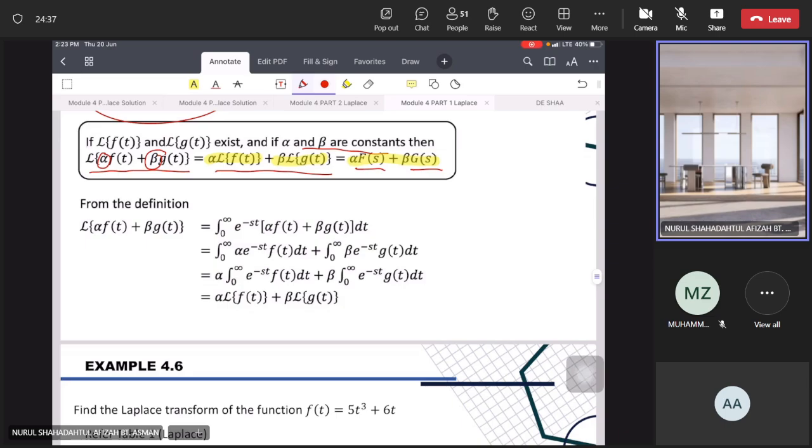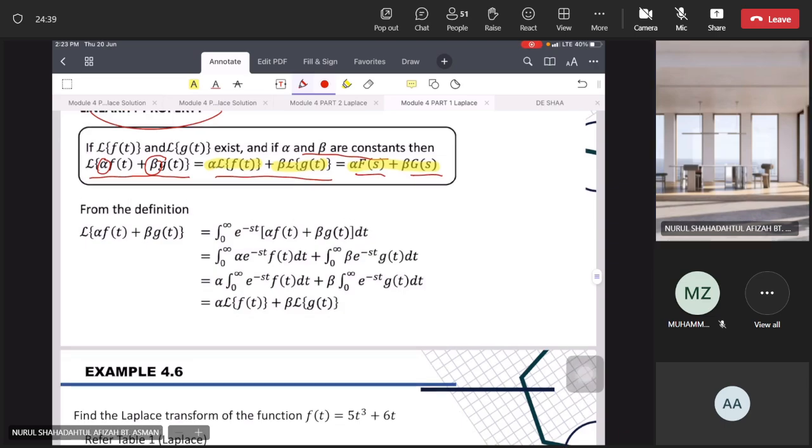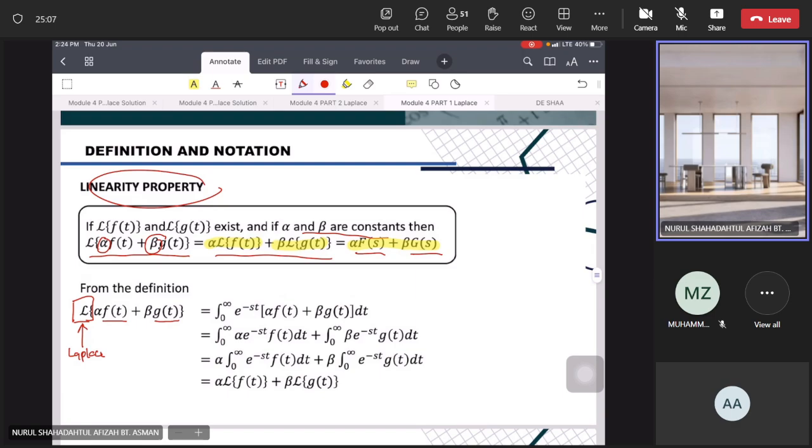We can see this example. So this is the Laplace transform. L is the Laplace transform, the notation is L. This is the Laplace expression of alpha times the function f(t) and beta times the function g(t). So we have two functions here.